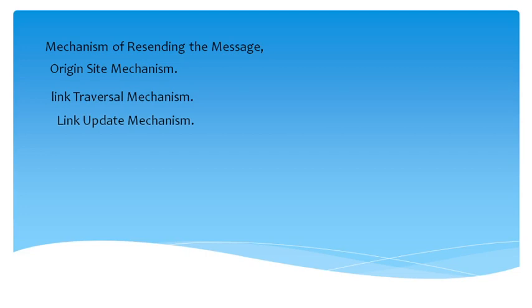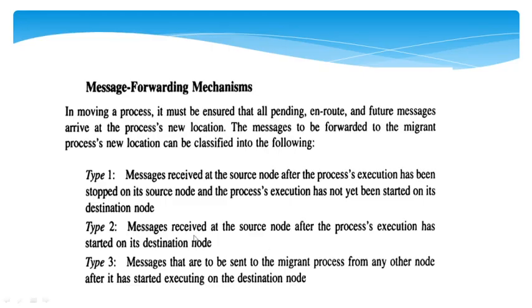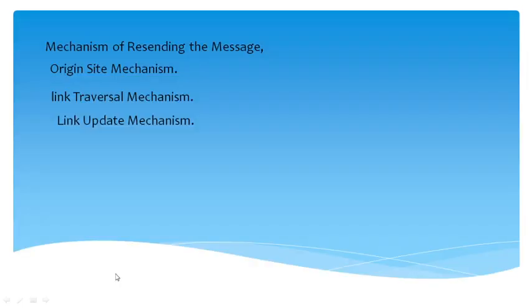This task is not expensive, and the communication requests which were postponed while the migrant process was being transferred will all be forwarded. So type 1 and type 2 messages are forwarded to the destination node by the source node, and the third type will be sent directly to the process's destination.